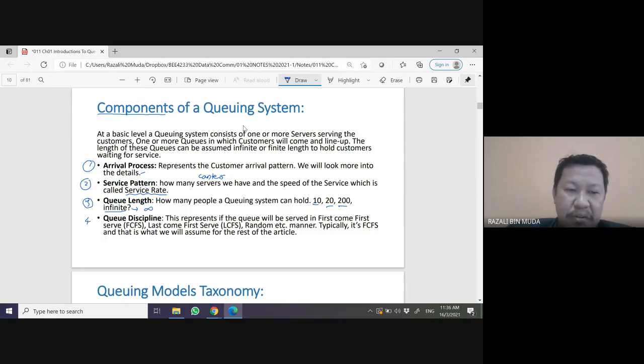Component number 4 is queue discipline. This represents whether the queue will be served in first come first serve, FCFS.